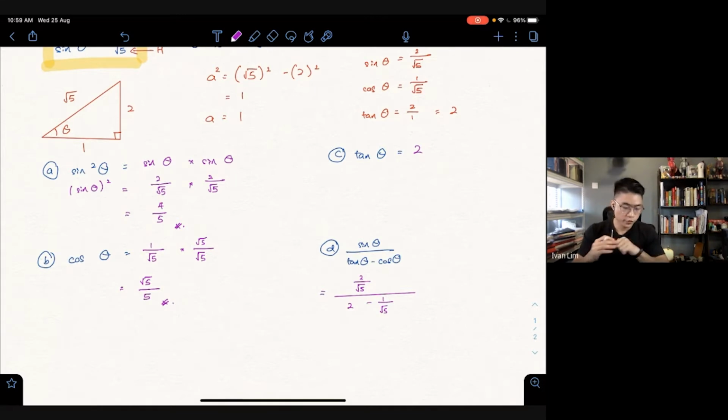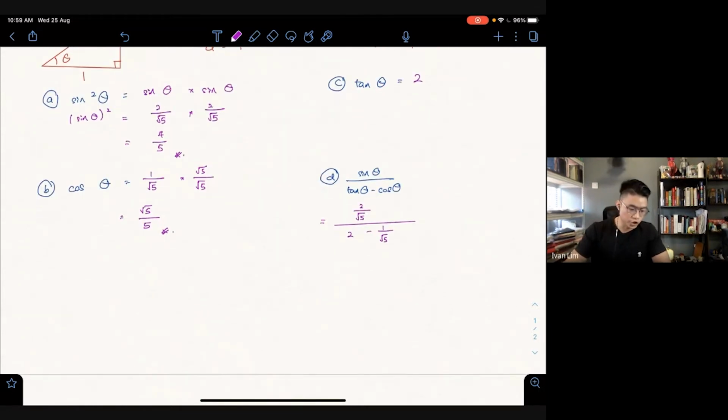If you follow according to the textbook, I just use the textbook method first. It looks like this: 2 over root 5 divided by 2 minus 1 over root 5. If you're wondering how the textbook suddenly jumped to that value, what they did here is bring root 5 down and multiply with all the other values at the bottom.